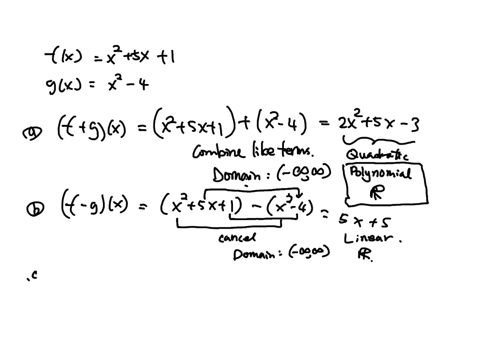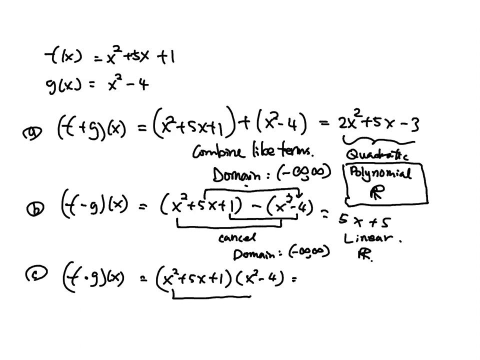Okay, part C. This time we have multiplication. So this is just x squared plus 5x plus 1 times x squared minus 4. I'm going to use some different colors.